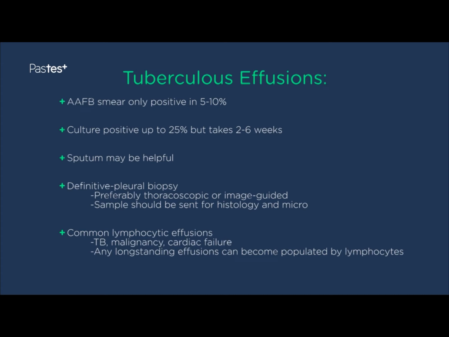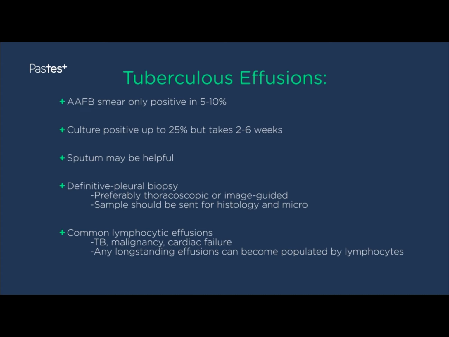The definitive test here is a pleural biopsy. Ideally, you'd like to do this thoracoscopically to maximize your yield. And if you perform a thoracoscopy and obtain a pleural biopsy that way, the yield is in excess of 90%. If a CT scan reveals focal abnormalities of the pleura, you can actually take a sample under CT or ultrasound guidance.